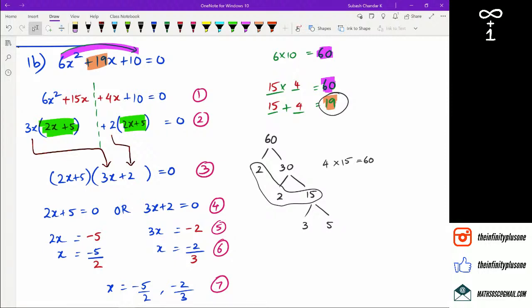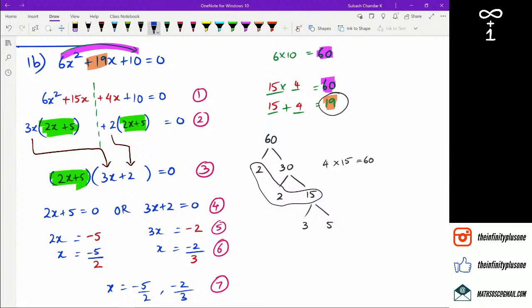How did I get to line 3? Line 3 is because if you look at the green highlighted things, they're on both sides of the equation. So I just bring it together like that because it's a common factor in itself.